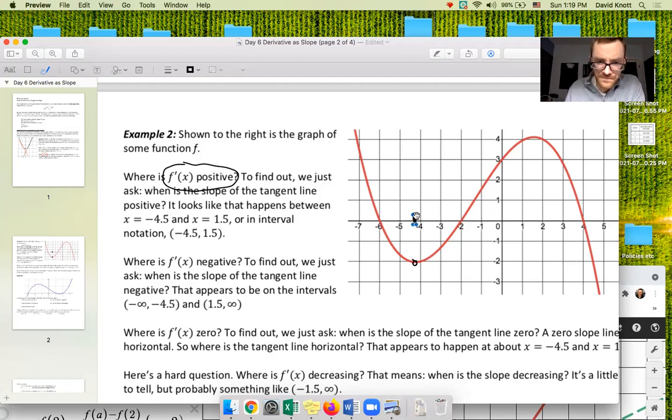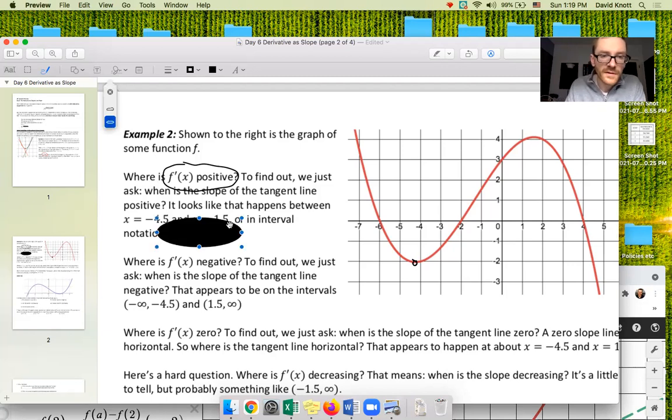By the way, in the example, I actually write the interval this way, you know, interval notation with parentheses. This expression here where I put it in parentheses, that's not a point. I want to be clear, that's not a point, that's an interval. It means all values from -4.5 to +1.5, not including the endpoints, not including -4.5 and 1.5. That's what the parentheses mean.